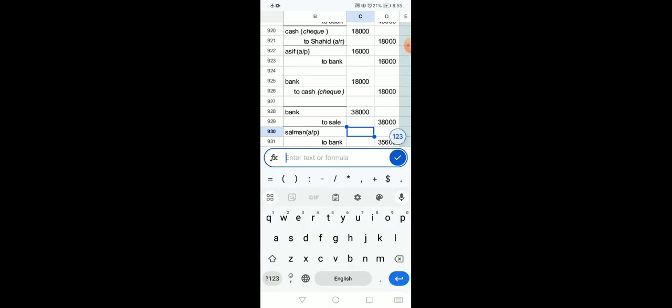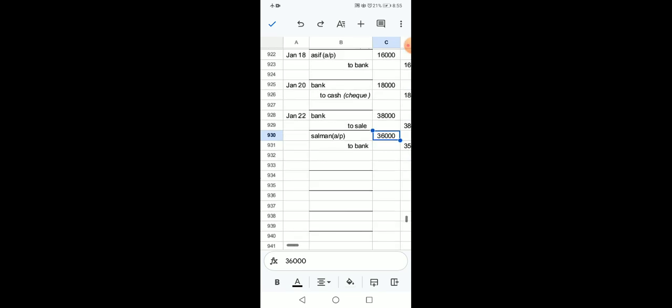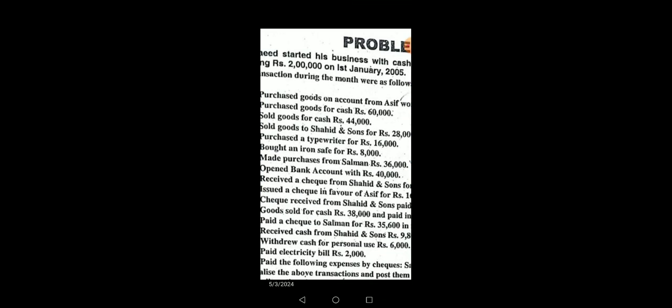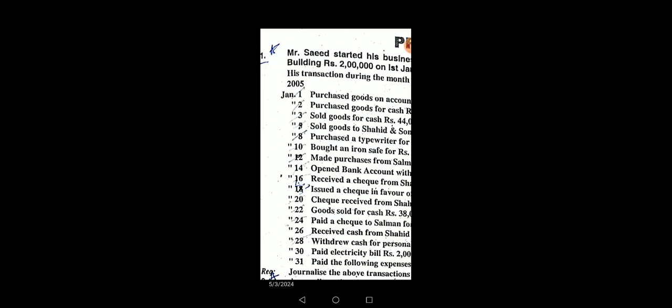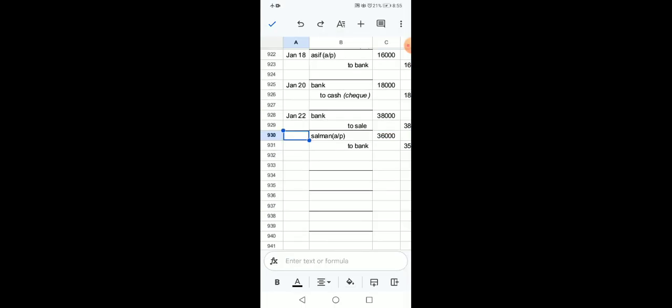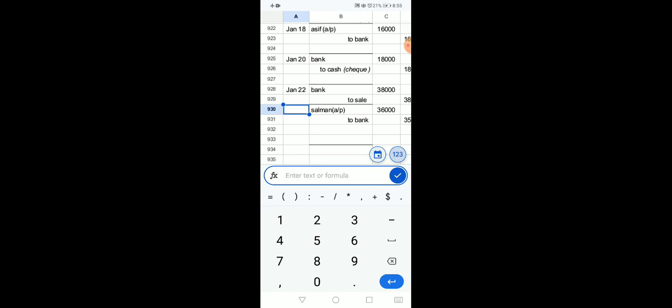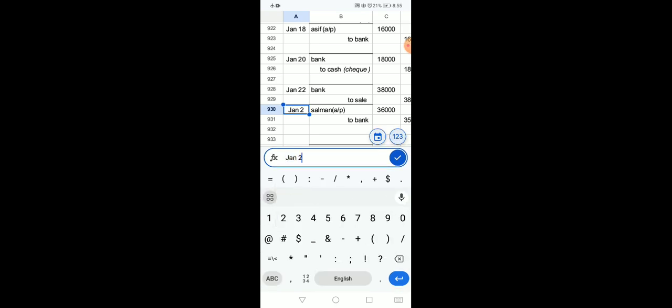All right, so the full amount was 36,000. You had written it in front of Salman. Let me see the date. The date is very important. After 22 it was 24, so you were supposed to write the date first, January 24.